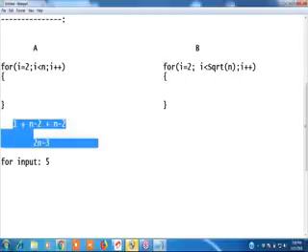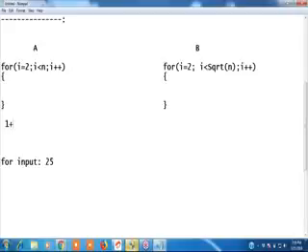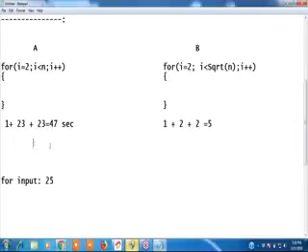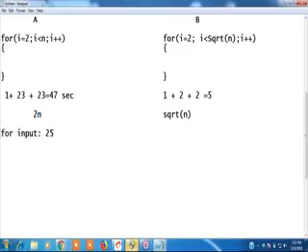And bubble sort, merge sort, heap sort, and quick sort. Okay, we have different types of sorting algorithms.